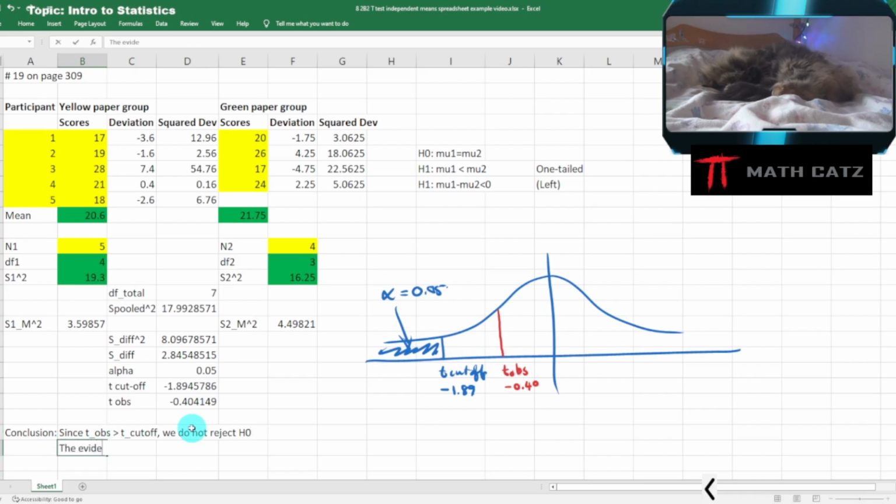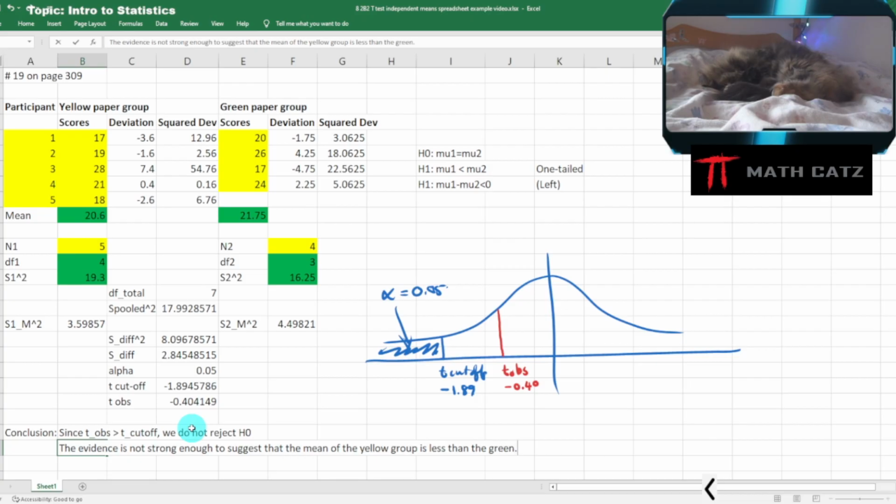The evidence is not strong enough to suggest that the means are, well, more specifically, that the mean of the yellow group is less than the green.